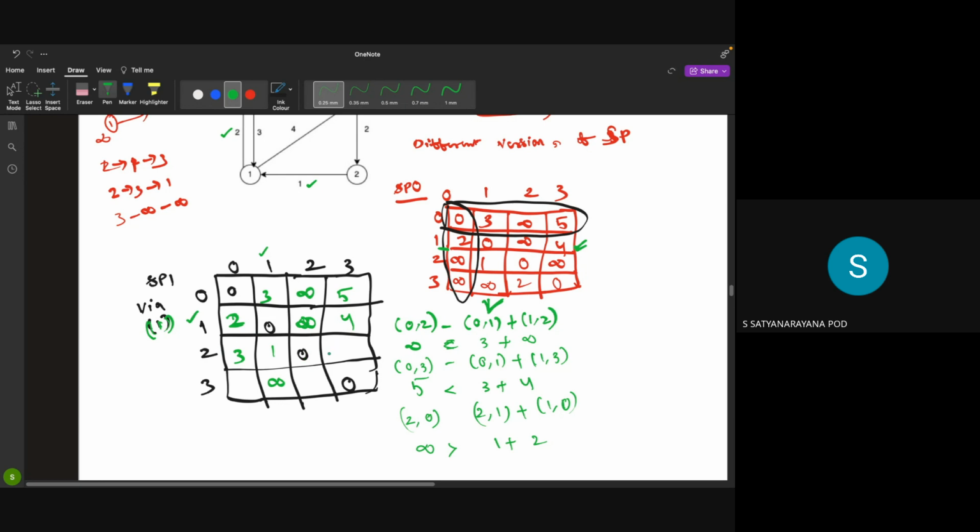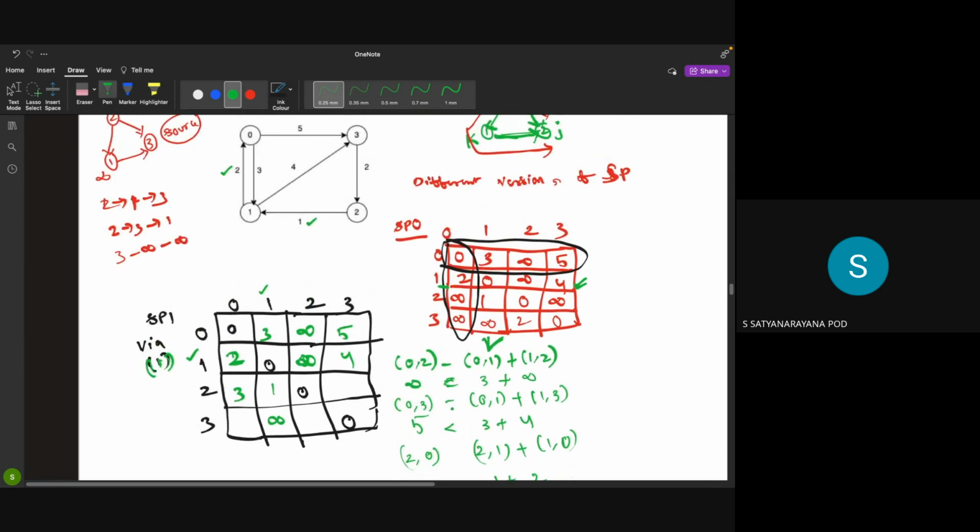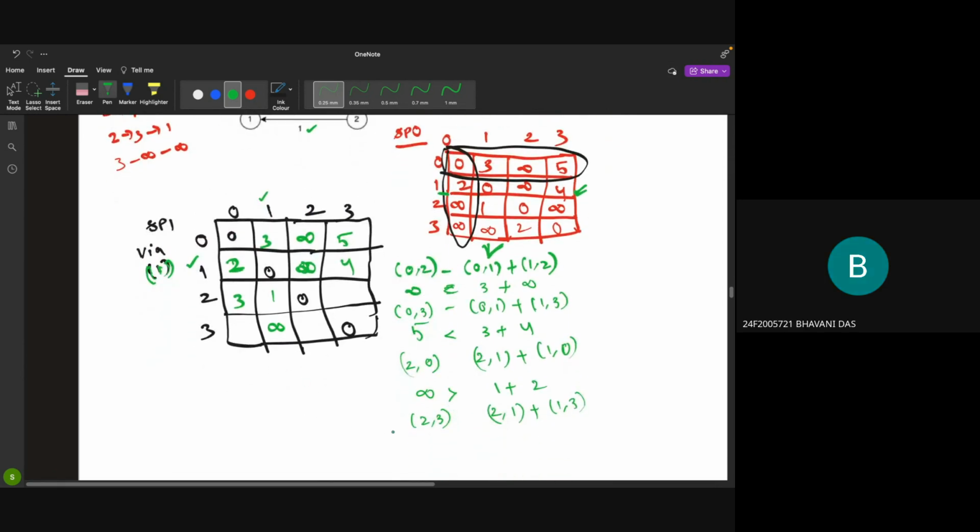2 to 2 is not there. And one more time we are checking 2 to 3. So 2 to 3, when you are checking, there are two ways. 2 to 1 we can check, plus 1 to 3 we are checking, because via 1. So 2 to 3, how much is there? Infinite, no? Direct edge is not there.